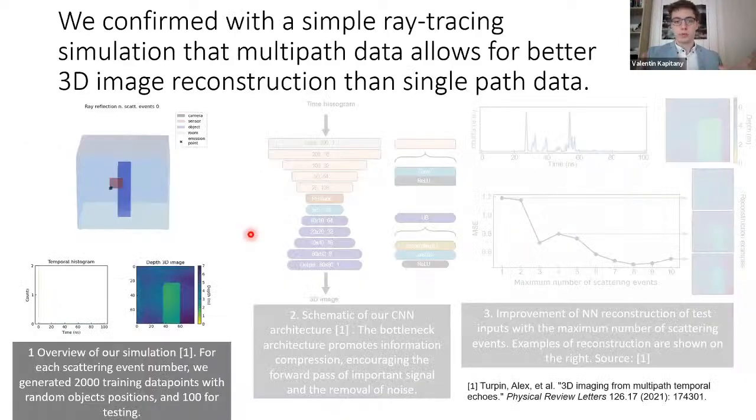That brings us to our question, which we have confirmed, is whether multipath data allows for better 3D image reconstruction than single path data in this given imaging paradigm. For this, we've built a simulation which allows us to control the number of scattering events in our temporal histograms with perfect precision. Our scatterer is a cuboid block moving around in a room. We use a Monte Carlo ray tracing algorithm to sample our scene.